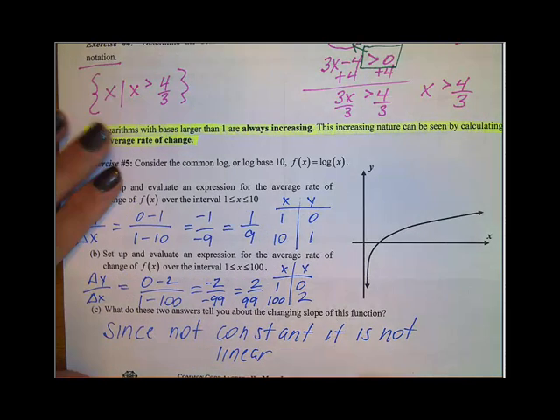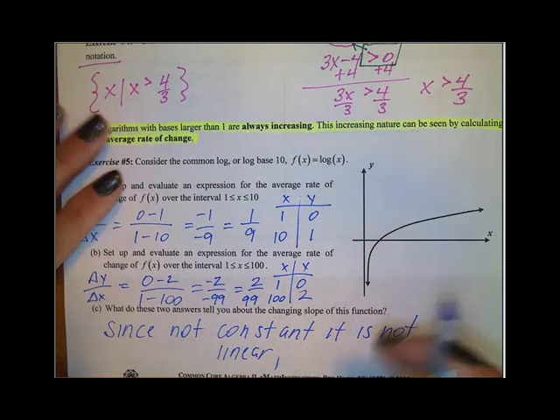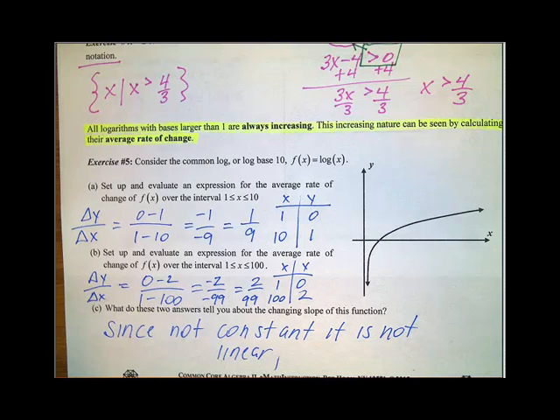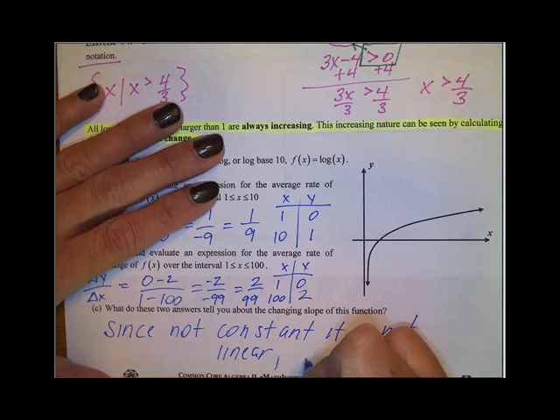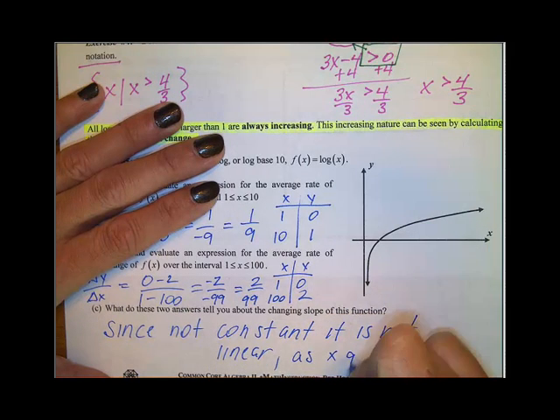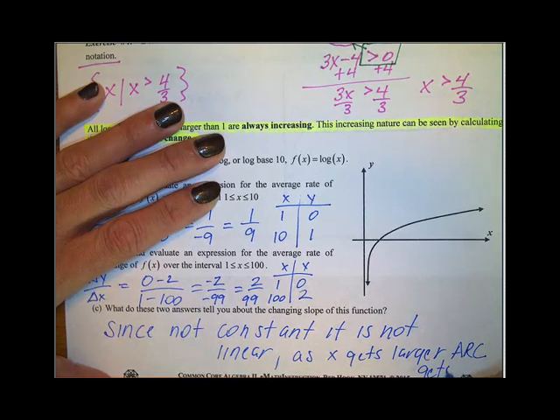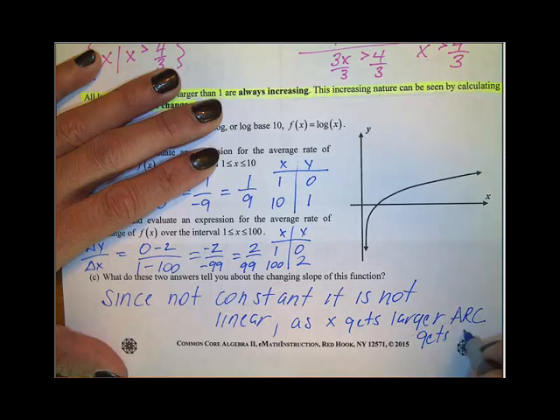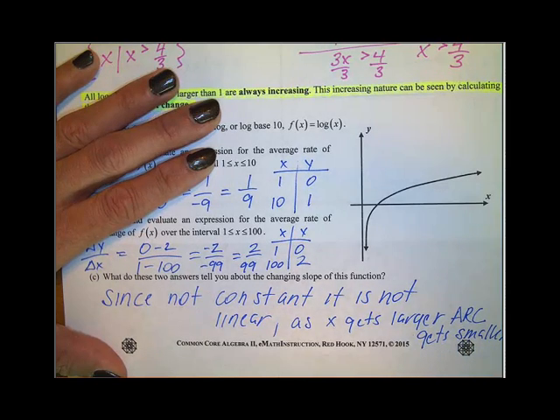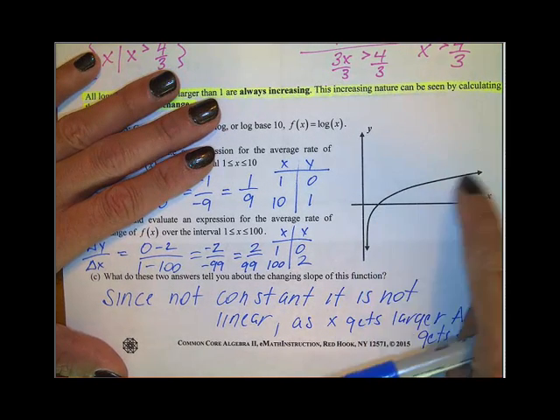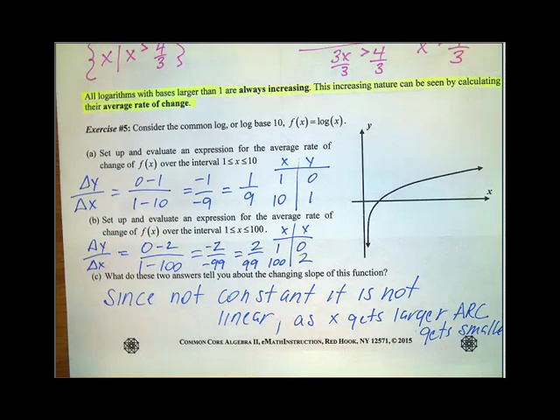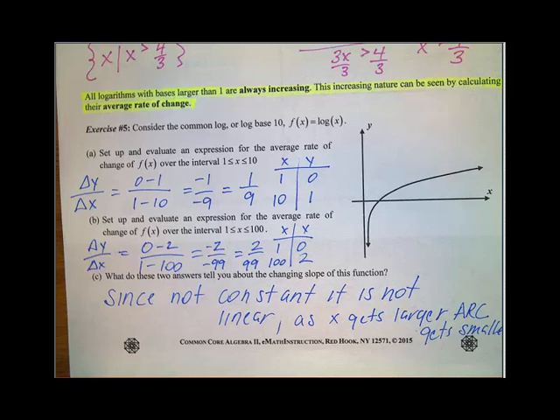We also know that it is getting smaller. So as x gets larger, the average rate of change gets smaller. And the slope of the line is getting smaller and smaller and smaller. It's flattening out to that asymptote line.